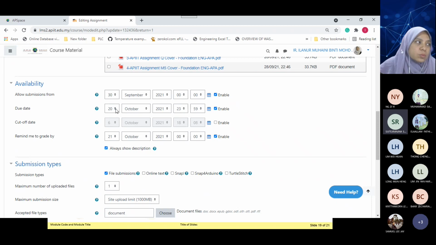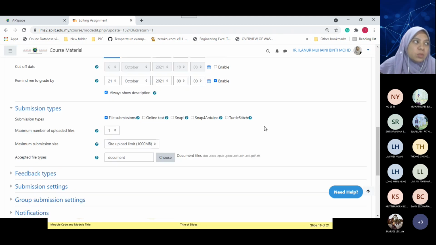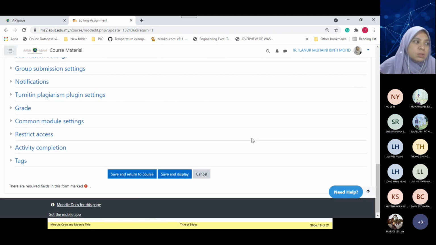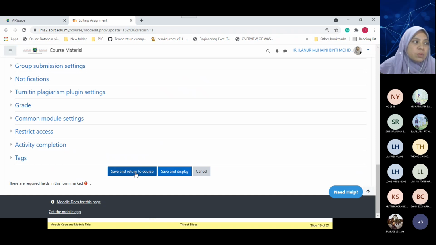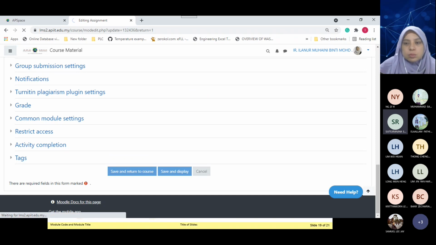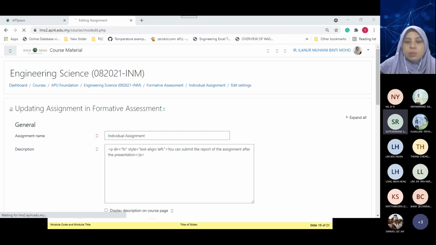Okay, miss. I think 20th change to 25th. This one cannot change anymore, okay? 25th October, submission of assignment report. Any problem about the assignment?